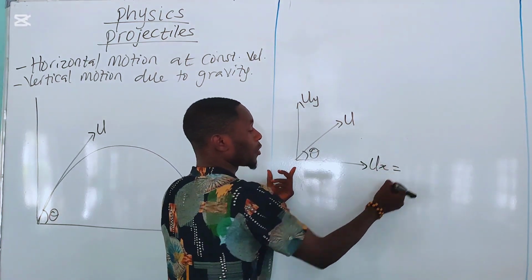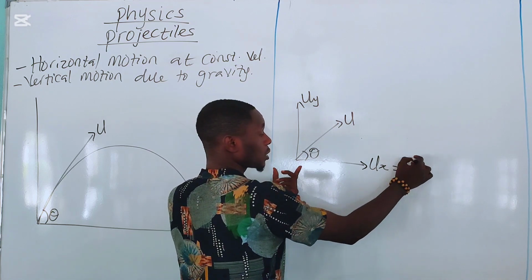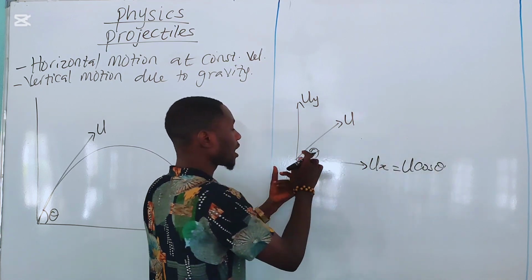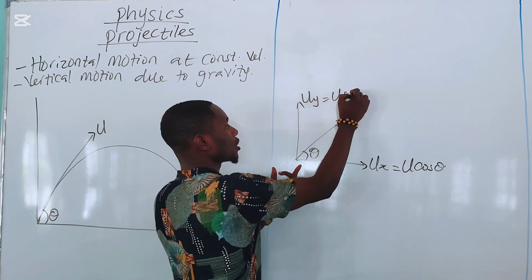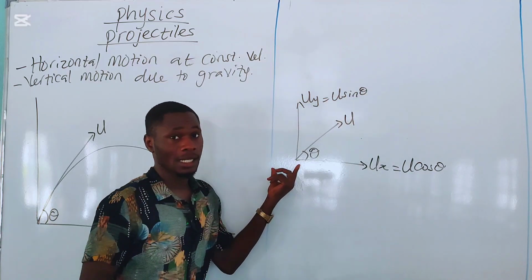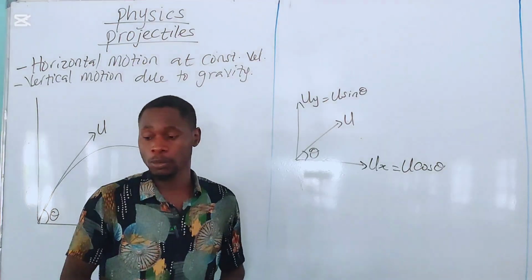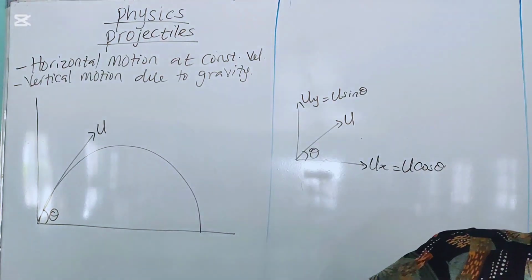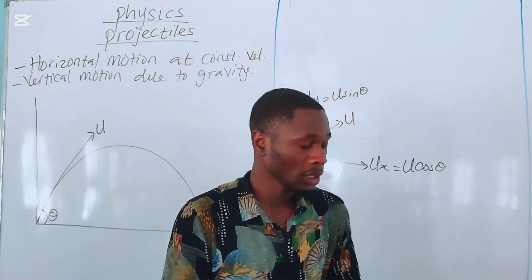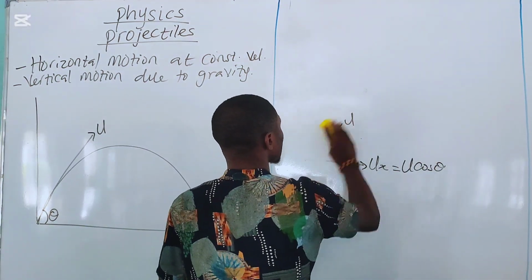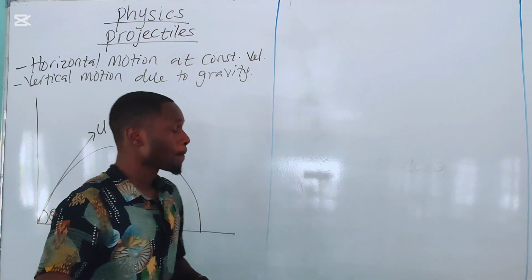Our horizontal component gives us u cos theta, while our vertical component gives us u sine theta. That is still applicable to projectile motion.